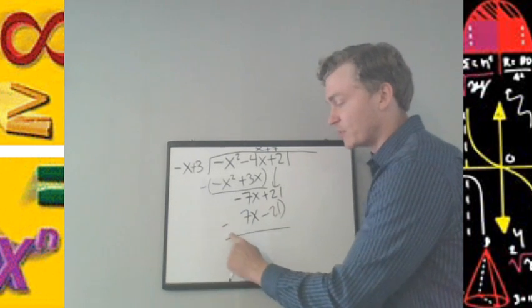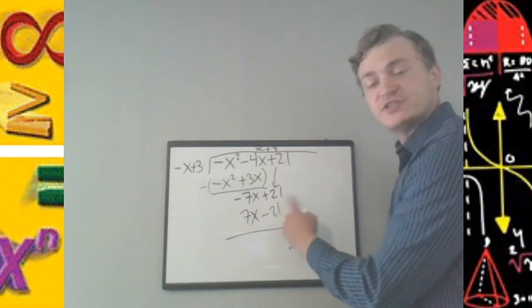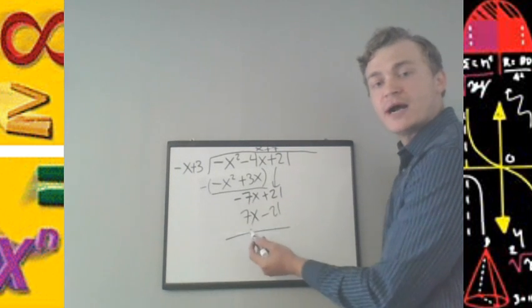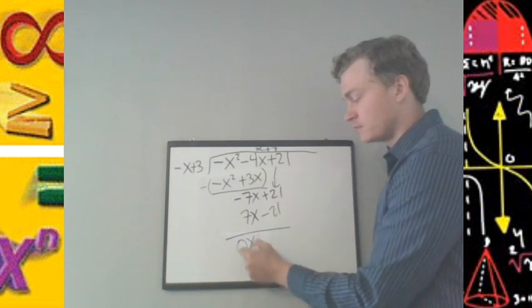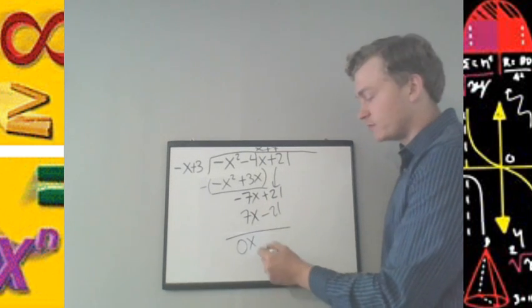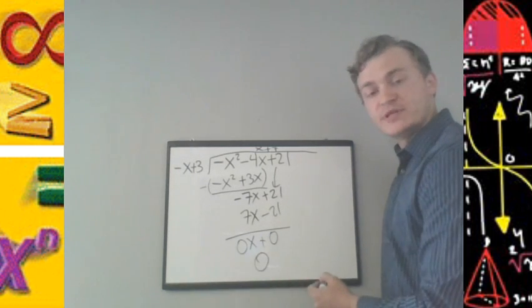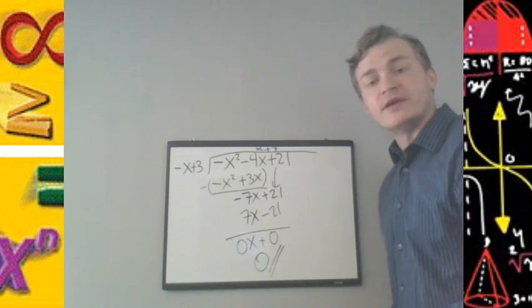And so now we can drop the parentheses, get rid of that subtraction sign, because now we have changed the signs inside parentheses. Minus 7x combined with a positive 7x, well, that's 0x. A positive 21, a minus 21, well, that's 0. 0x plus 0, of course, is simply 0. This tells us there is no remainder.